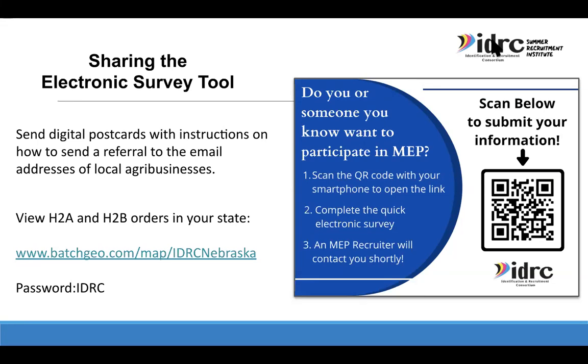Then once that information is sent in, we go through and sort out the information to take away any of the H-2A orders that, for example, might be related to non-qualifying activities like horses or stable work, as well as non-qualifying H-2B visa work, to make sure that the lists that are sent out in the maps are high quality and only the locations that are doing potentially qualifying work. And so we encourage everybody to go check out the maps, use those to get in contact with farms in your area that you can share the electronic survey tool with.